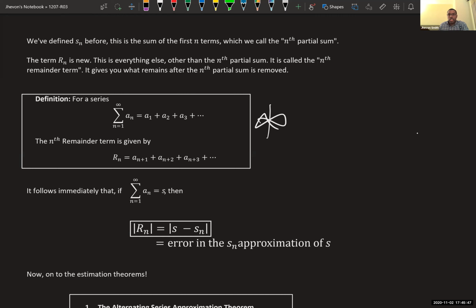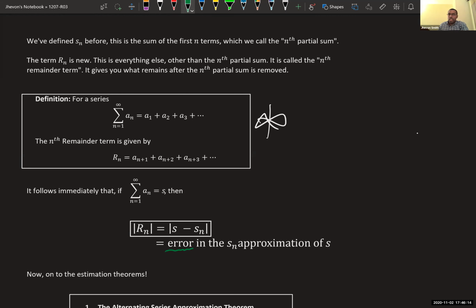And one way you can interpret the remainder term is as an error. It's the difference between the actual sum and the sum of the first n terms, meaning we can use the remainder term as a measurement of how good our approximation by the first n terms is. The smaller R_n is, the closer we are to the actual answer.